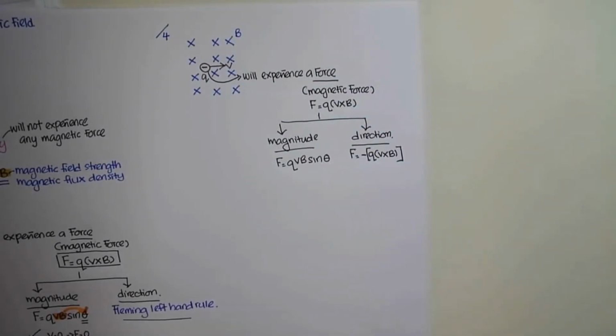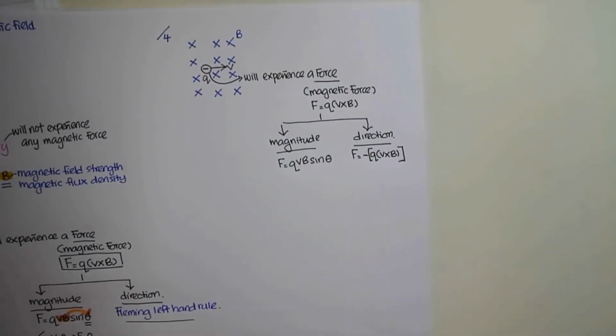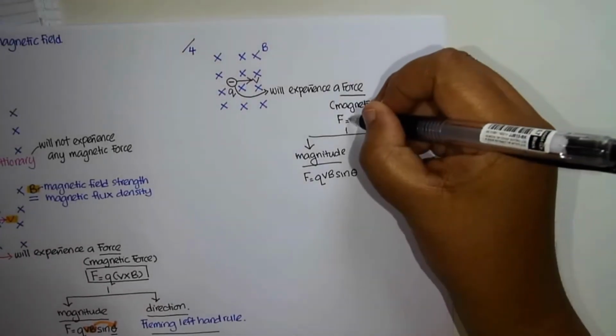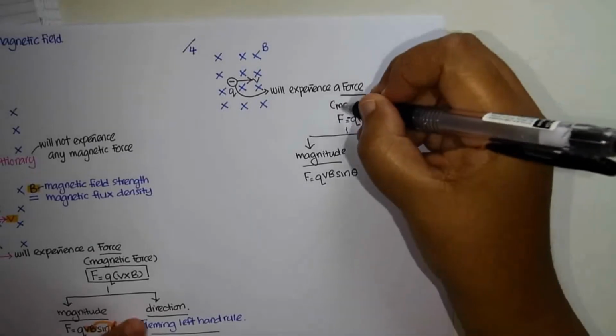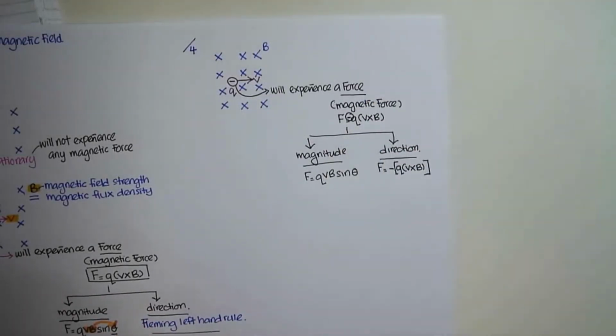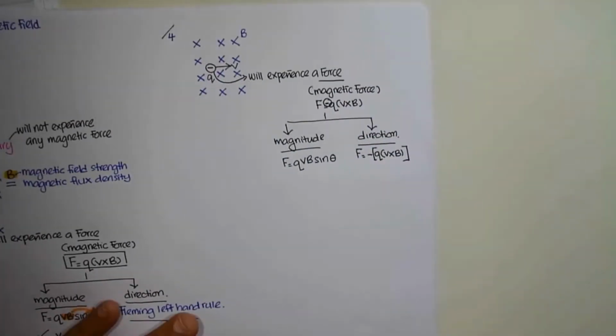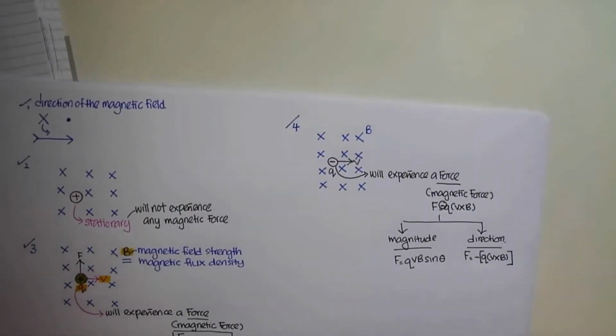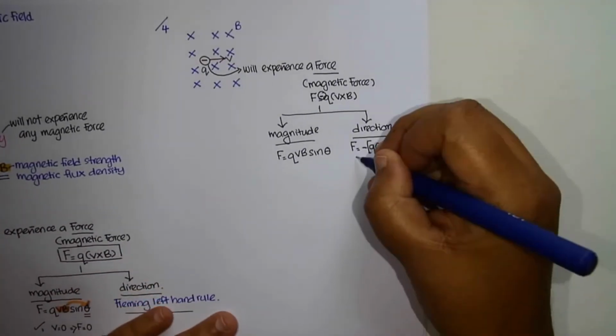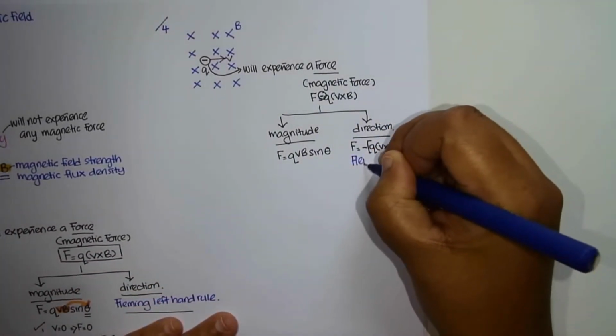So the formula will change and become negative. What does it mean? It means that the direction will change. Let's look at this example here. We still have to use Fleming's left hand rule for the direction.